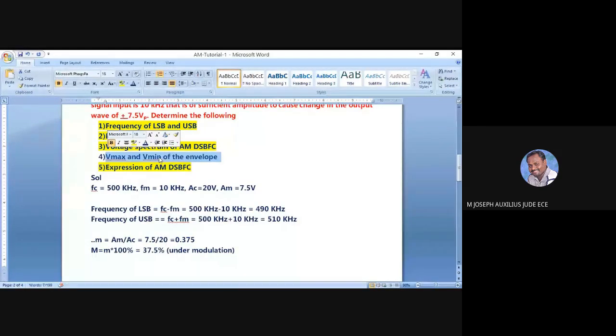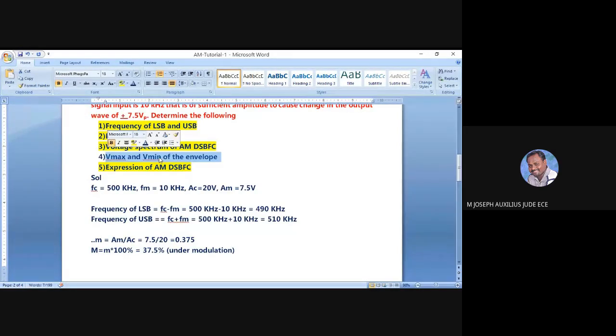Oh, the 16th equation, probably. Let me check it out. Yes, Vmax and Vmin are given in equation number 16 and equation number 18.